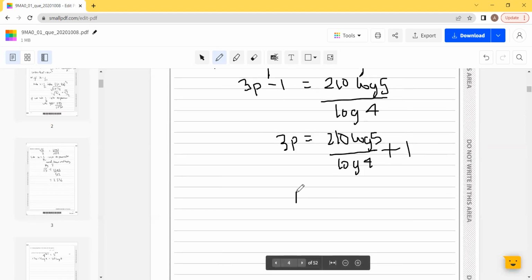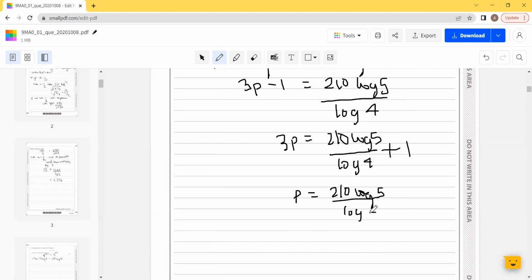So p, if you divide both sides by 3, is equal to 210 log 5 over log 4 plus 1, and the entire thing divided by 3. Now we're going to need to use a calculator to do this.